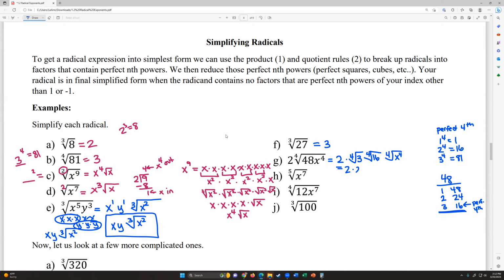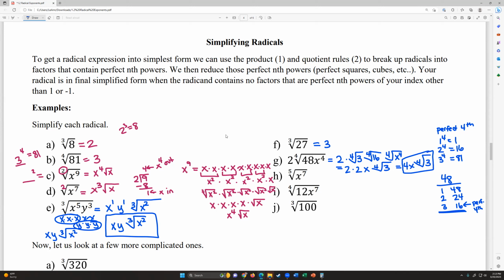That is a 2, because 2 to the fourth equals 16. Fourth root of x to the fourth, that's a group of 4, so there's just one of those. So fourth root of x to the fourth is x. And then I can't do anything with the fourth root of 3. That is not a perfect fourth. So my final answer is I multiply everything out front together. So that's going to be 4x fourth root of 3.